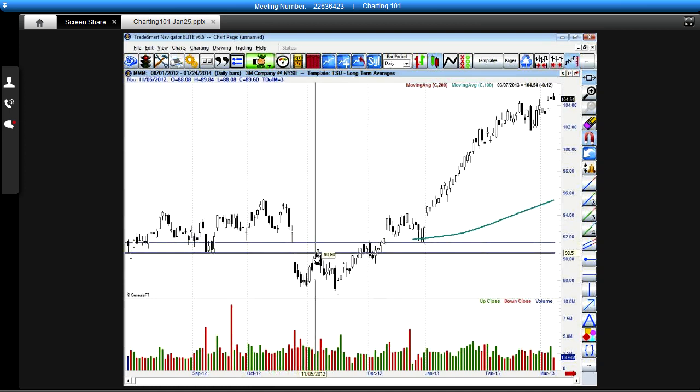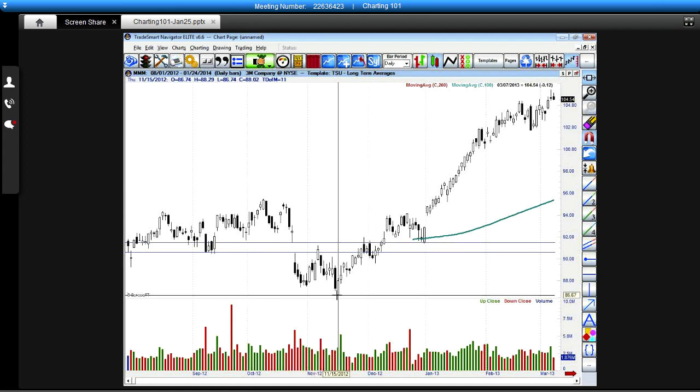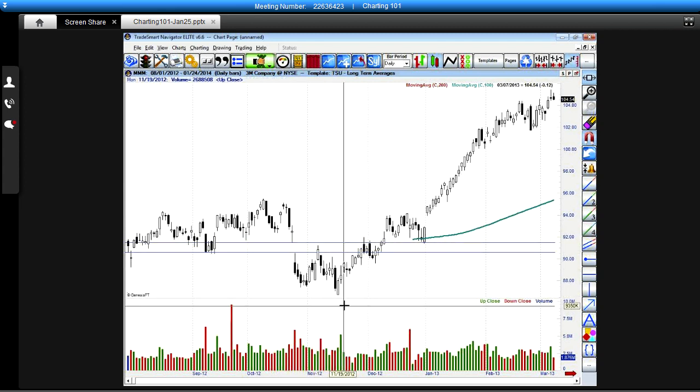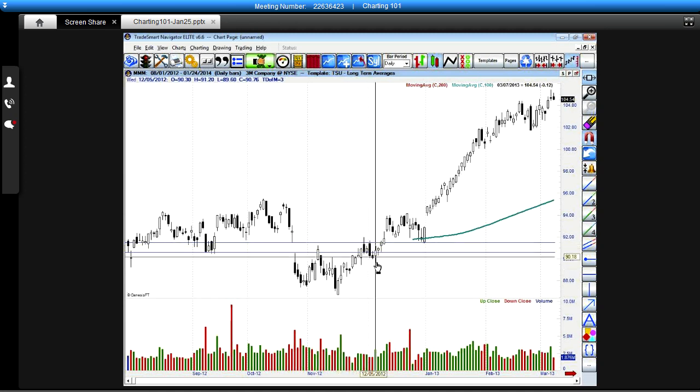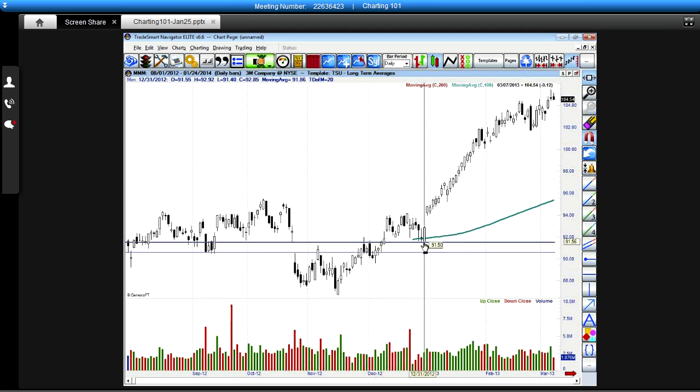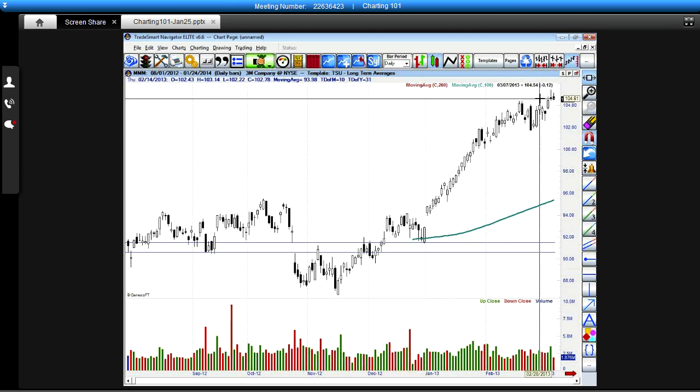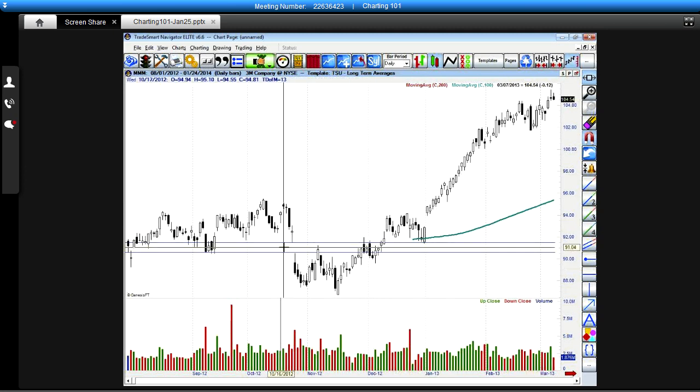So it came down, went back up, broke the first resistance, really didn't break this resistance, so it bounced off and price began to fall again, went back up, tested again, failed, came back down, went back through, finally broke through, but look, it came back and tested what's now support. What was once resistance is now the support, and then it took off. So you can see how gaps give an area of resistance and support if it's broken.